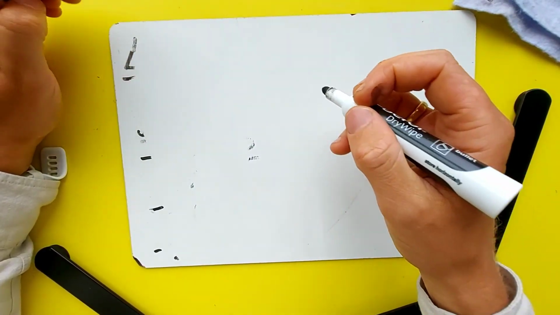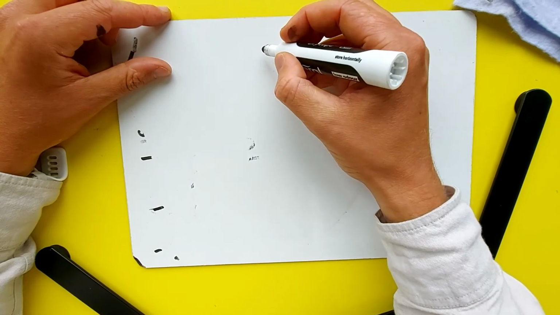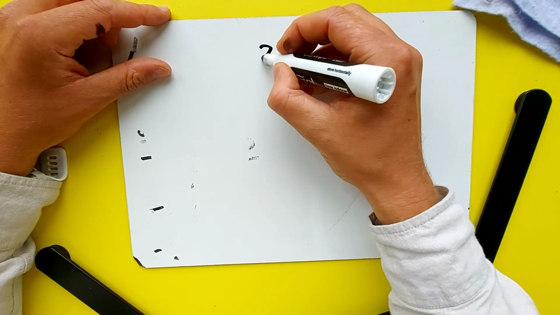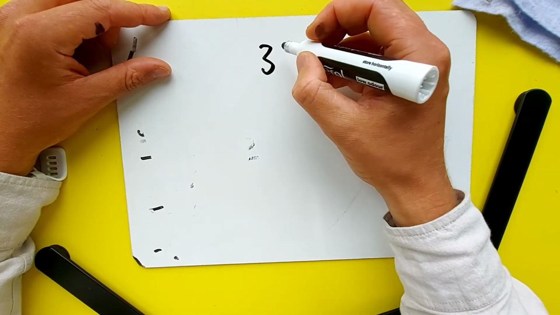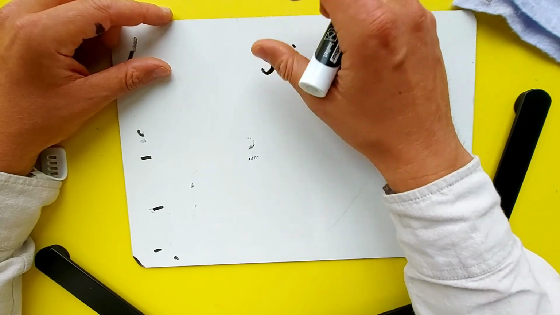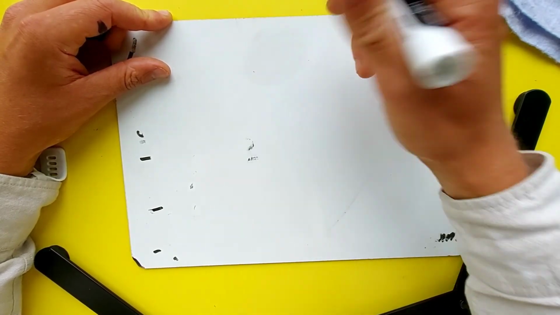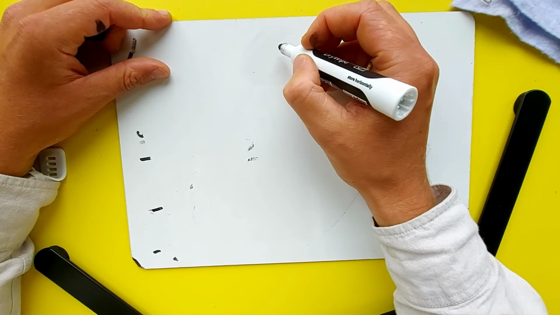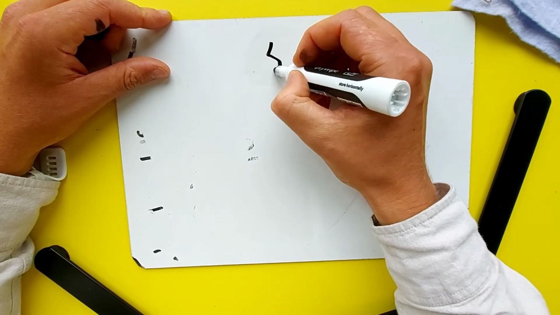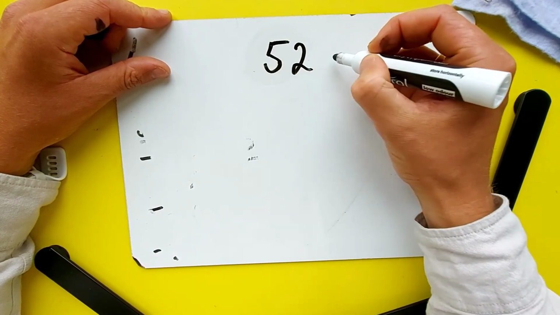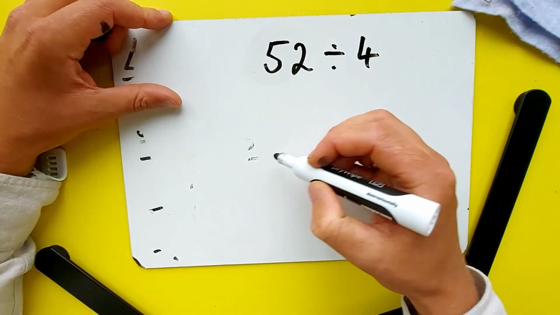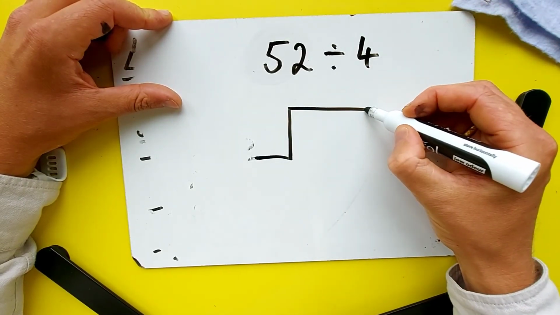Let's do 52 divided by 4. So I draw my bus stop out.